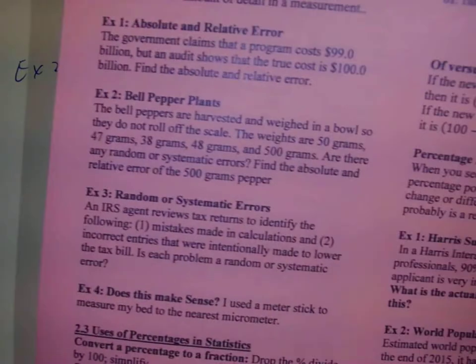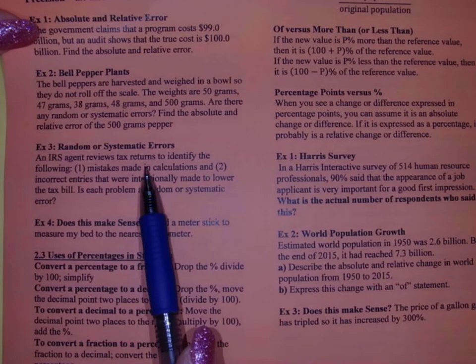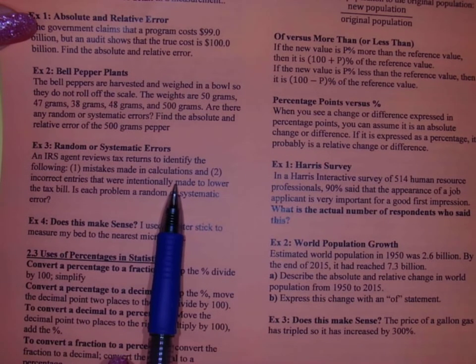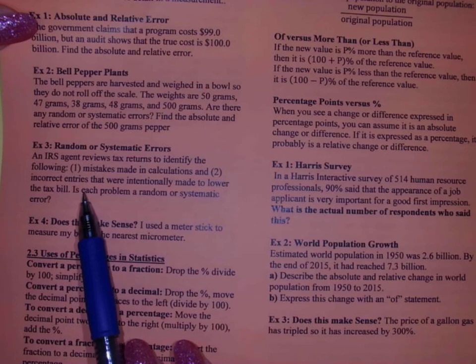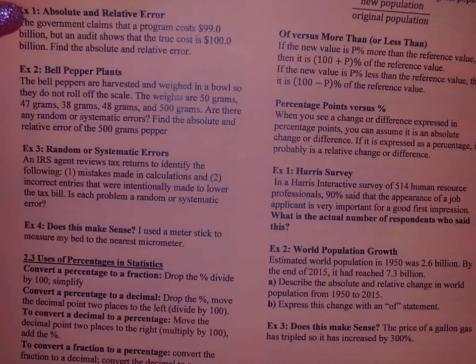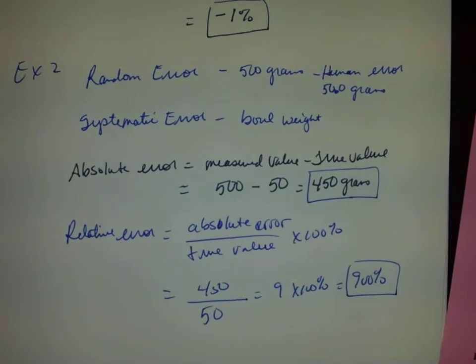All right, let's go look at example 3. Random or systematic errors. An IRS agent reviews tax returns to identify the following: mistakes made in calculations and incorrect entries that were intentionally made to lower the tax bill. Is each problem a random or systematic error? All right. So, in this case, there were some mistakes in the calculation.